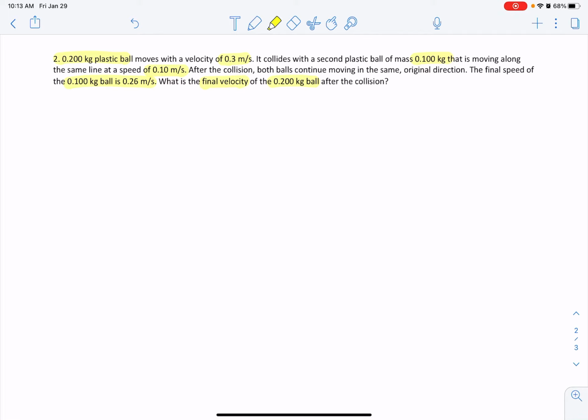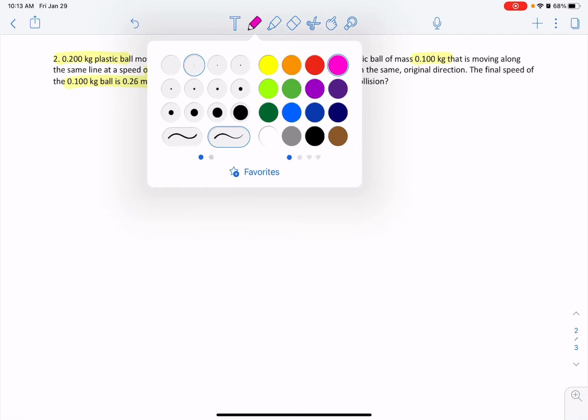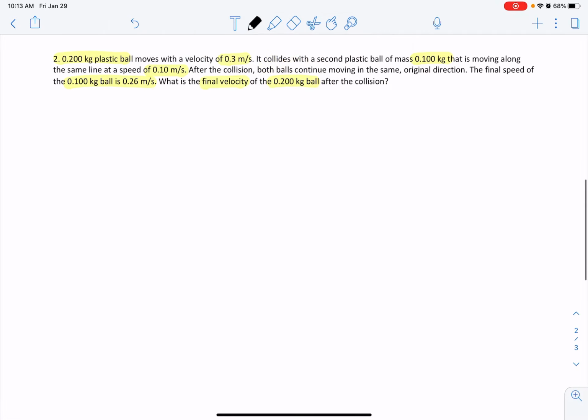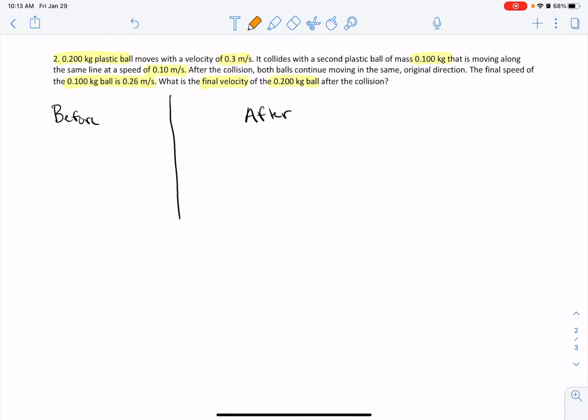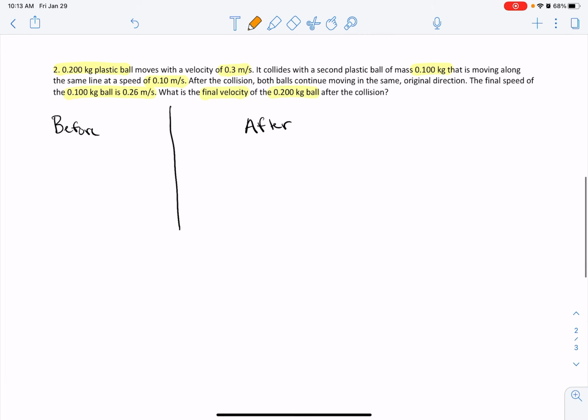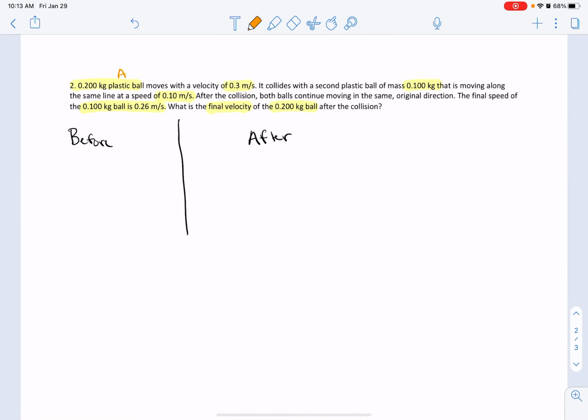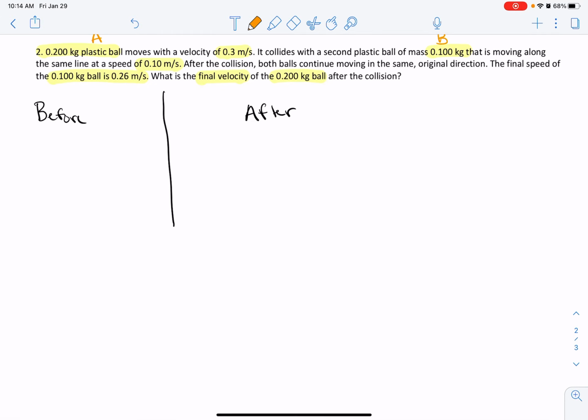Okay, so we're going to do a very similar procedure here. We're going to draw our before and our after sketch. Take a second to try and do a sketch before and after the collision in your own notebook. Let's check it out together. All right, so we have two balls. Let's call the first one A and the second one B again.